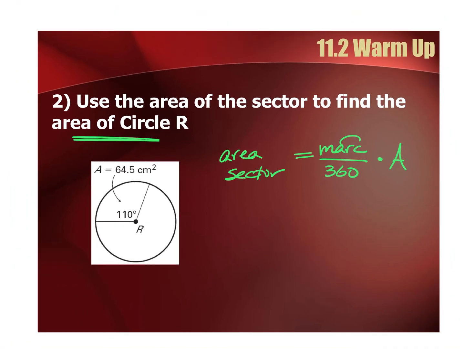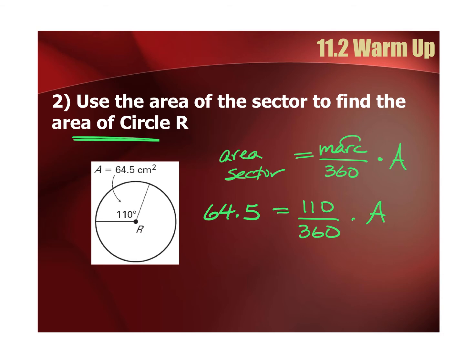Don't go through the process of solving for r and then have to plug it back in. So I'm going to fill in what I'm given. I'm given the area of only that sector, 64.5. The measure of the arc is 110. And I'm solving for capital A.